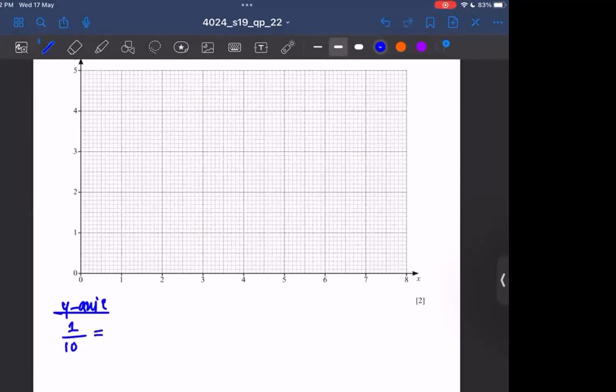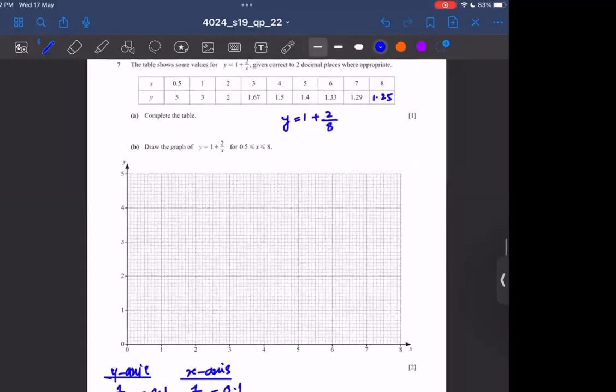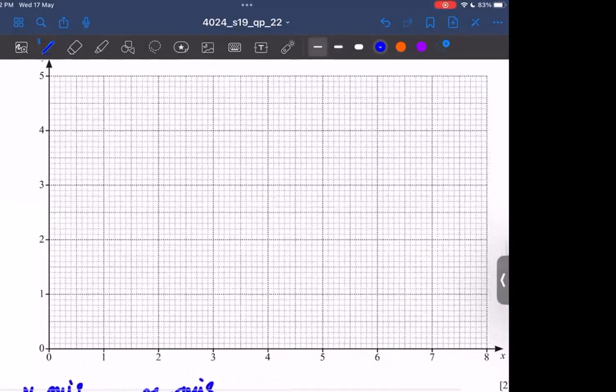So each tiny small box equals to 0.1, and on x axis, the difference is of 1. Again, divided by 10, you got 0.1. Again 0.5, we have 5 here. 0.5 is over here. So this is the value.